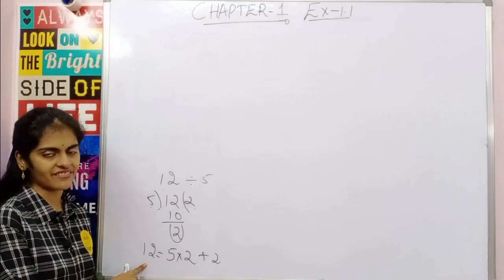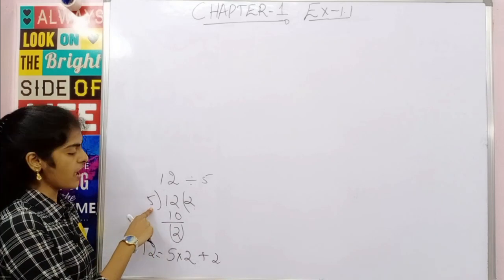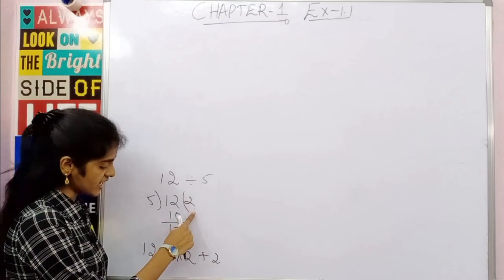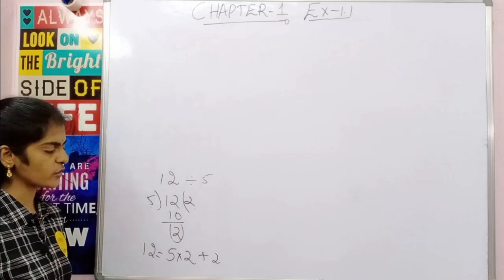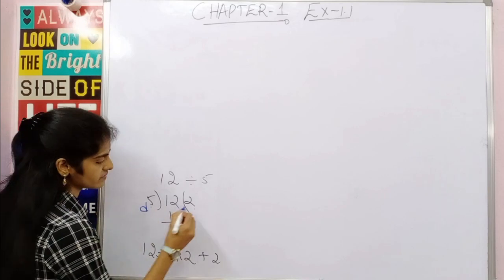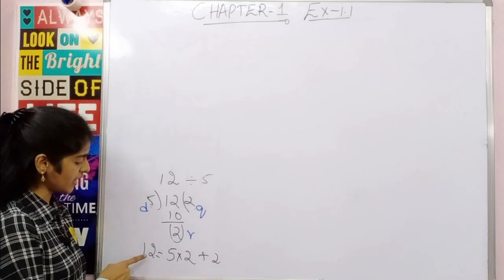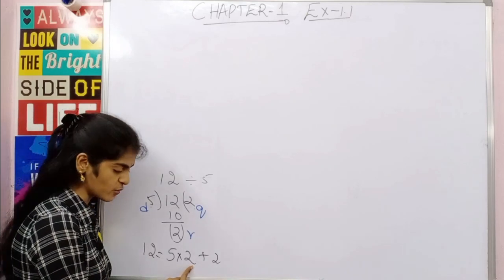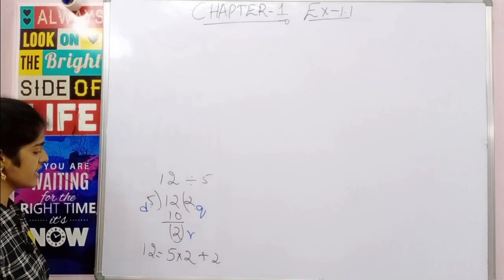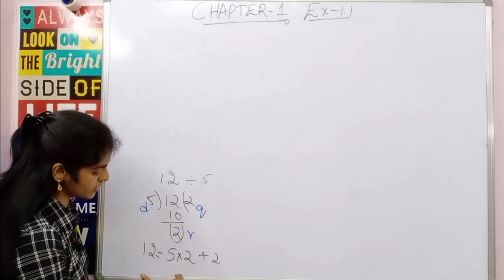So the dividend you have expressed as divisor multiplied by the quotient plus the remainder, okay. So 12 is expressed as 5 multiplied 2 times plus 2. It is nothing but 5 2s are 10 plus 2 is 12, okay.